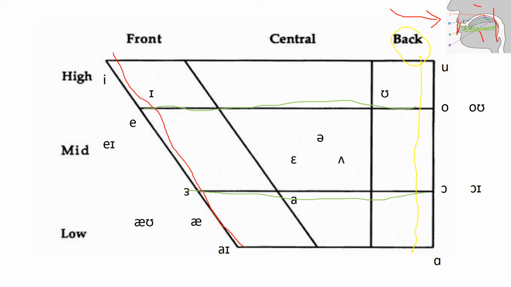While the vertical axis is the position of the jaw. So when you go higher on the chart, the mouth or the jaw is more closed. When you open your mouth, there is a wide space between the tongue and the upper palate.